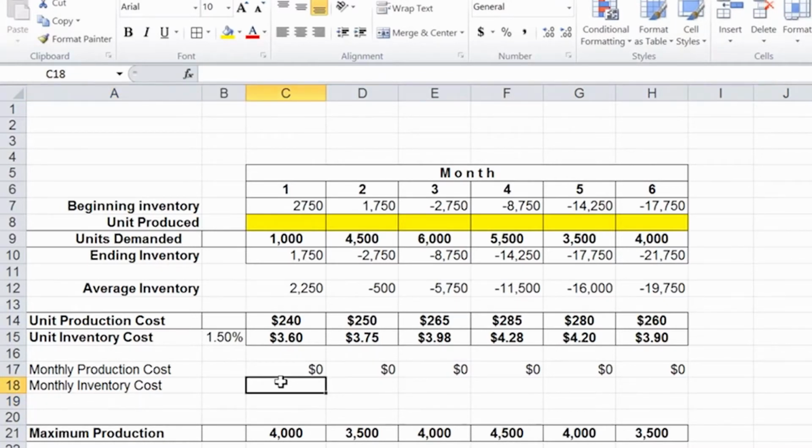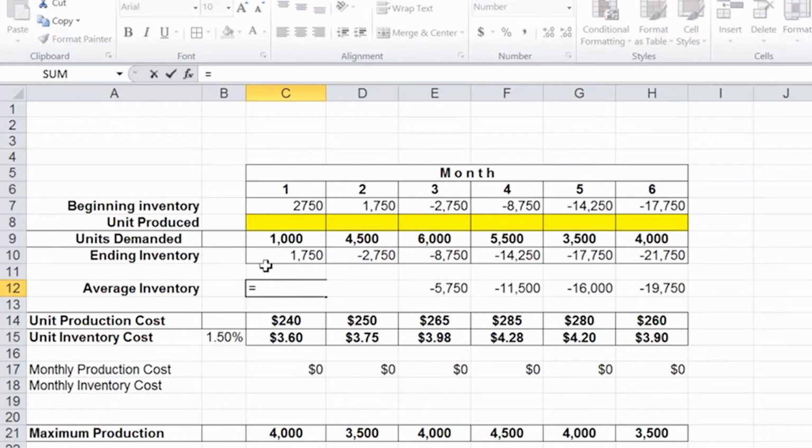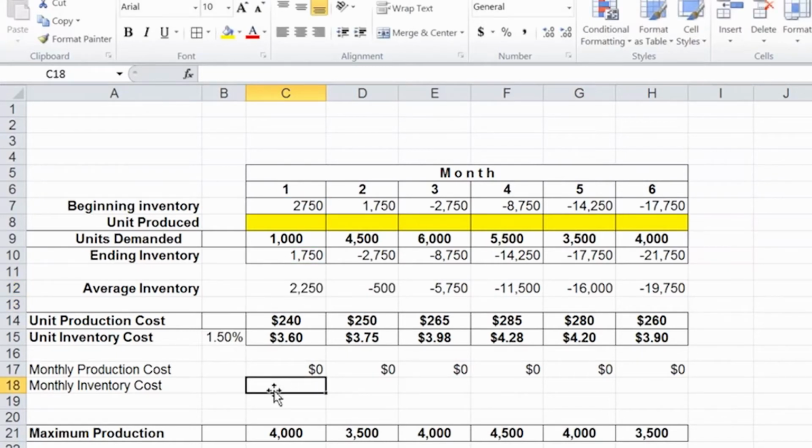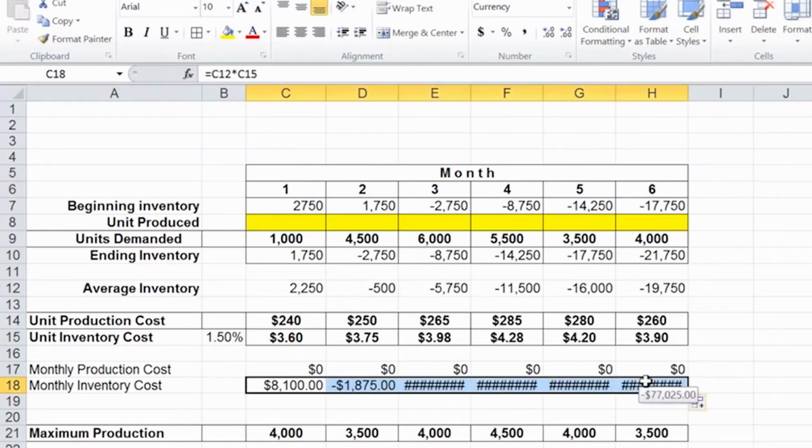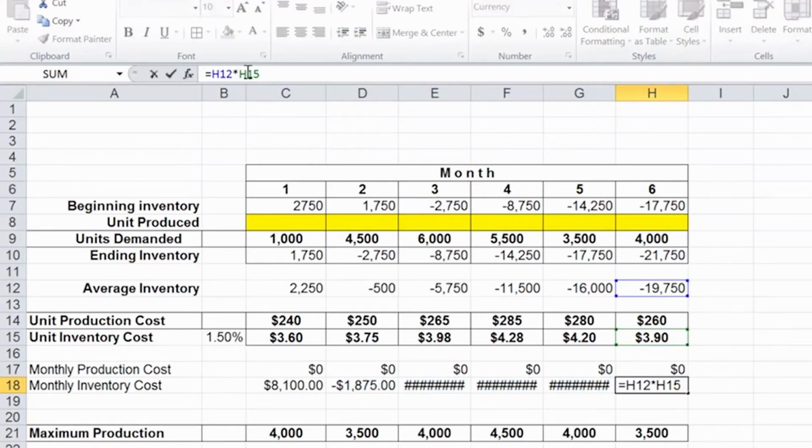We're going to use average inventory multiplied by the unit inventory cost. Okay, here equals average inventory multiplied by unit inventory cost. Here, just point this times inventory.